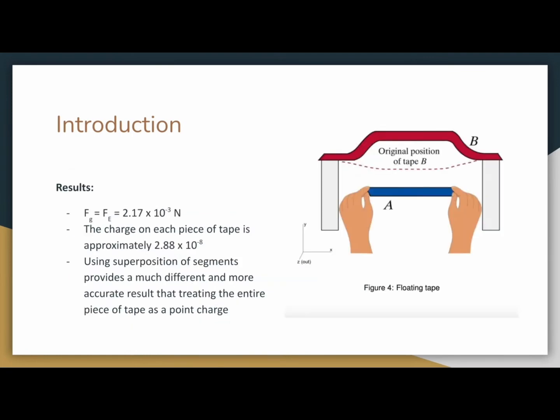With regards to the results, I found that the force of gravity should be equal to the electric force, which is about 2.17 times 10 to the negative 3 newtons.